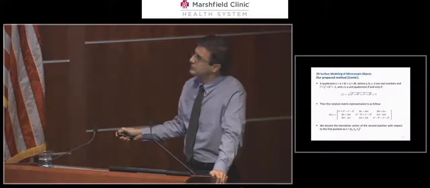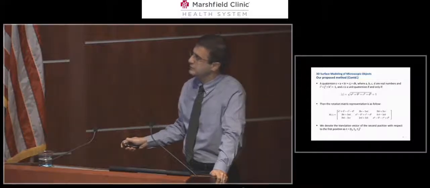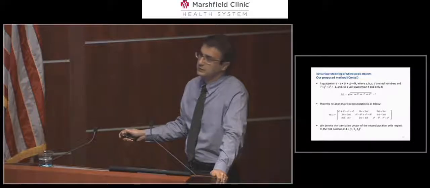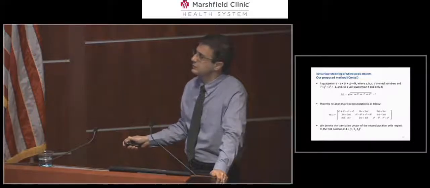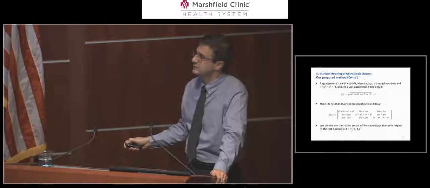And the rotation matrix using the quaternion approach would be something like this. Besides rotation estimation, we also need to estimate translation over the x-axis, over the y-axis, and over the z-axis.